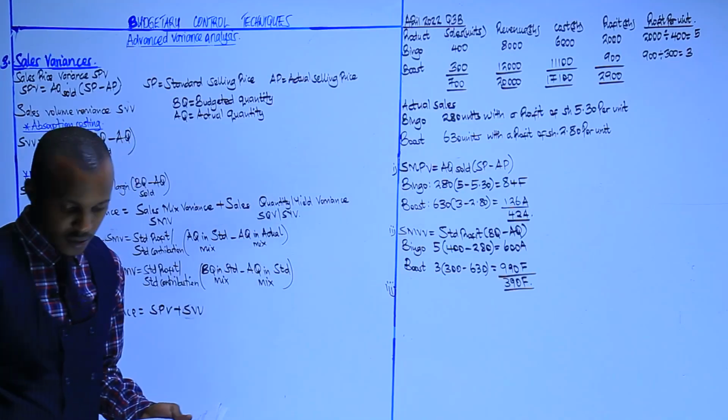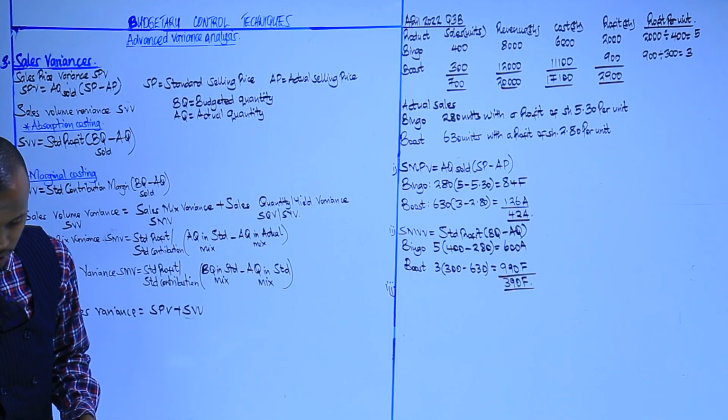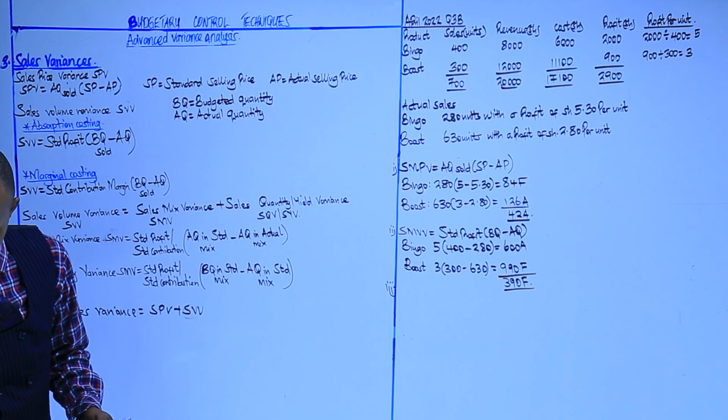The third part where they're asking for what?